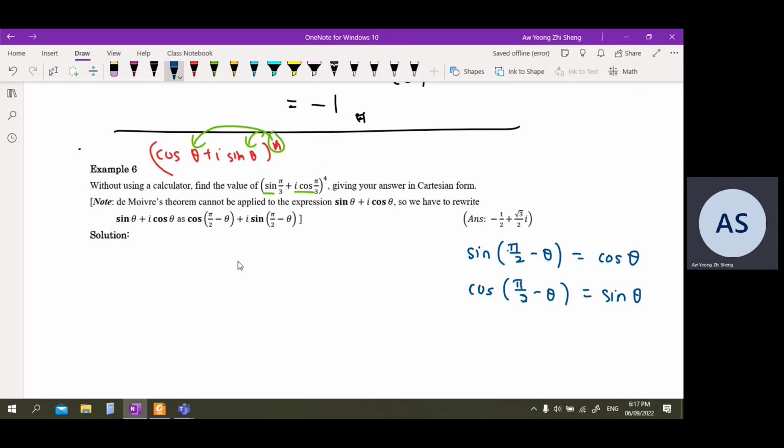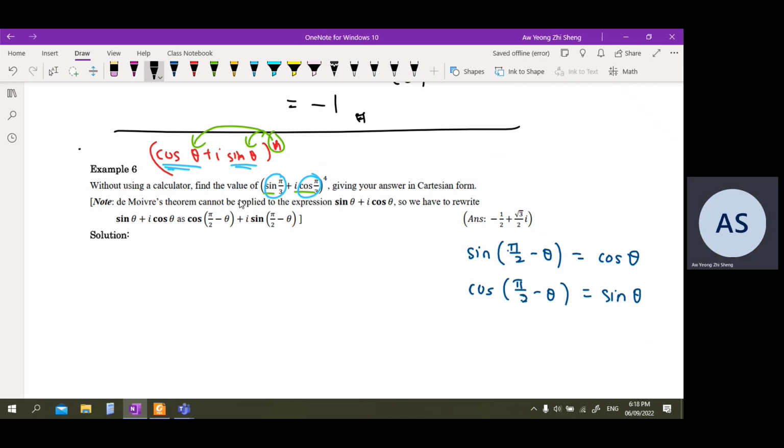This would allow us to change the sin term to the cos term and the cos term to the sin term, because you actually need cos to be the real term and sin to be part of the imaginary term. So it would be good to change sin to cos and cos to sin, and we can do that by applying the complementary angle identities.